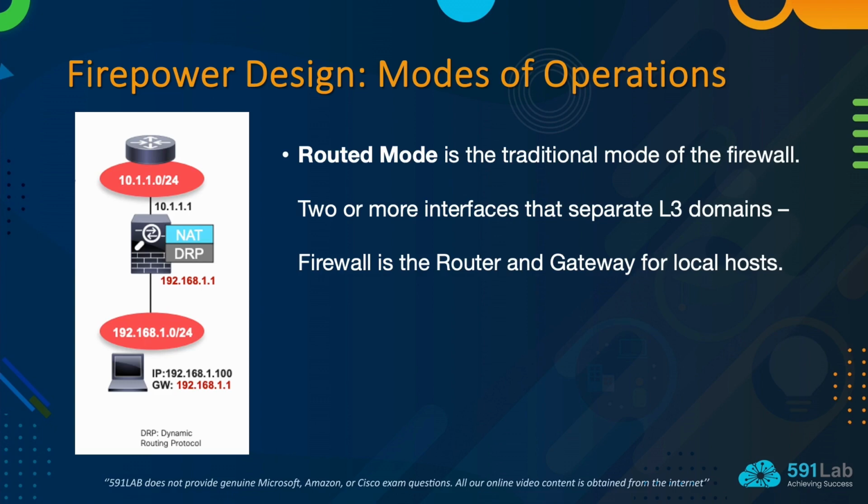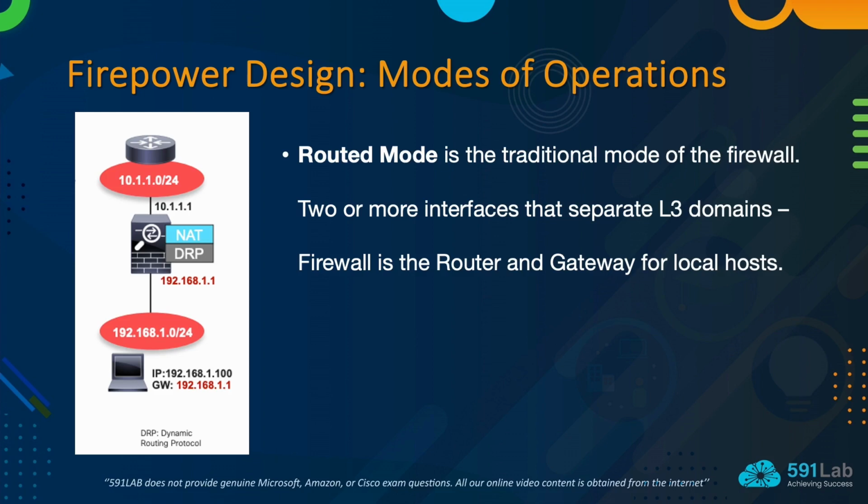Firepower devices in routed mode can also perform network address translation. Network address translation is a process that translates IP addresses from one network to another. This can be useful for a number of reasons, such as conserving public IP addresses or hiding the internal IP addresses of your network from the internet.